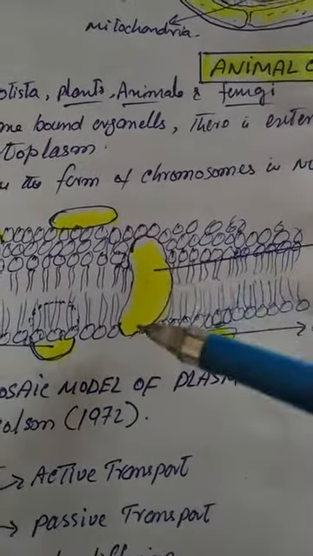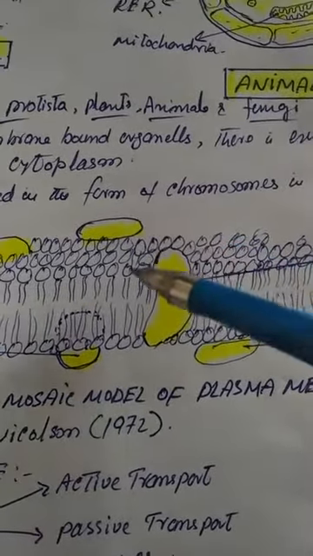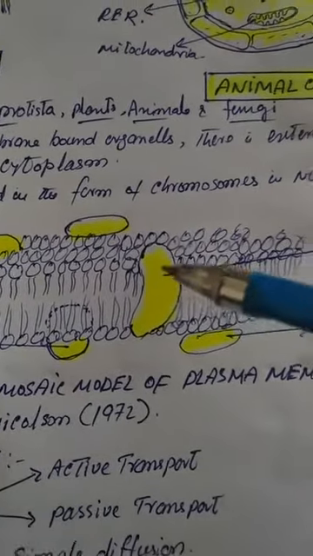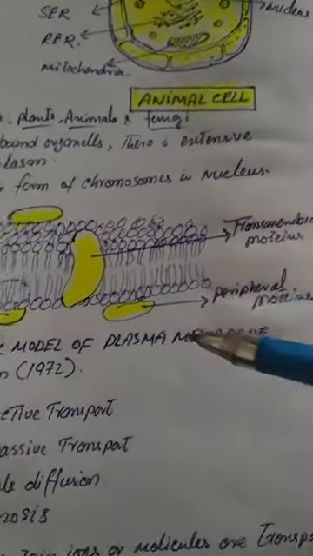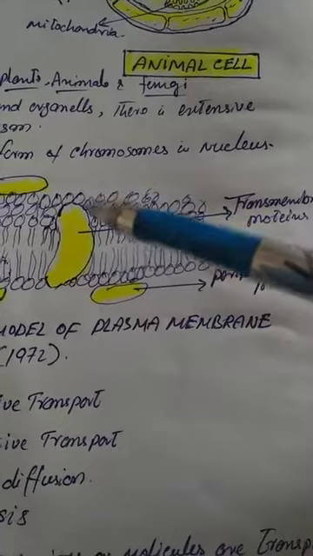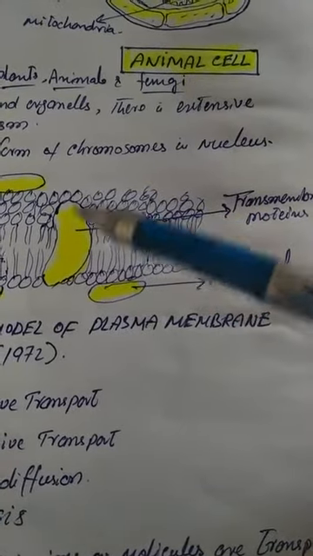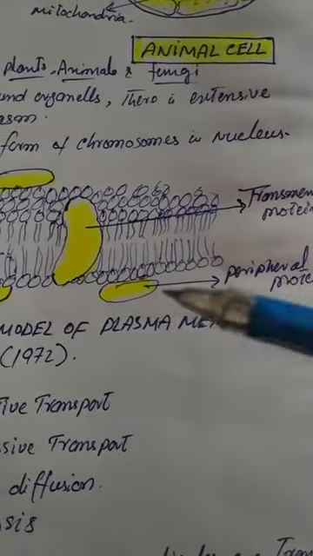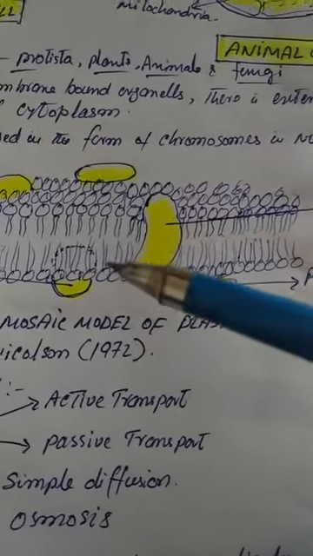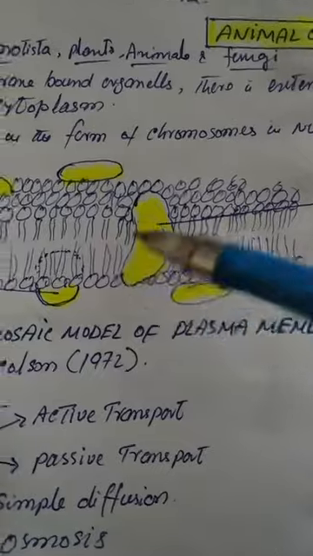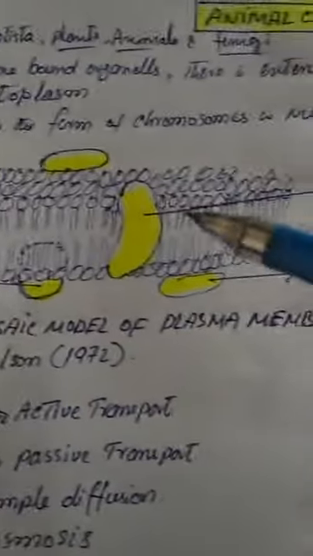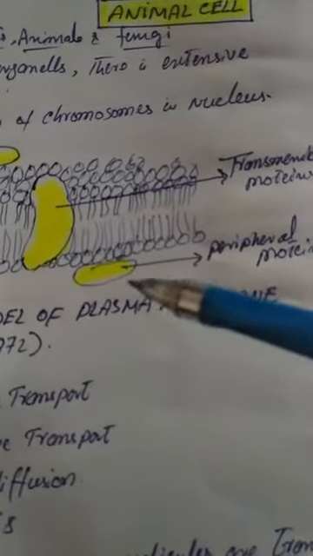These yellow colored substances show the different proteins in these cell membranes, and you can also see that these proteins are called transmembrane proteins, which run across the length of the cell membrane from one end to another end. And there are peripheral proteins and also partly embedded proteins, also known as integral proteins. Here these are the integral proteins, this is the transmembrane protein, and this is the peripheral protein.